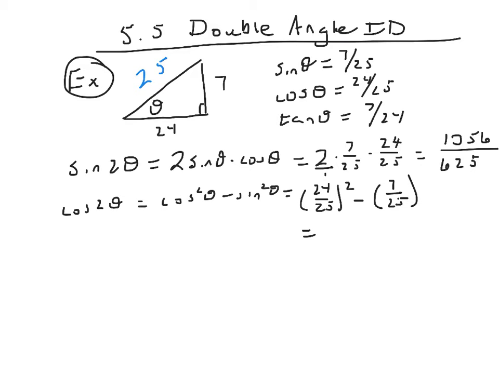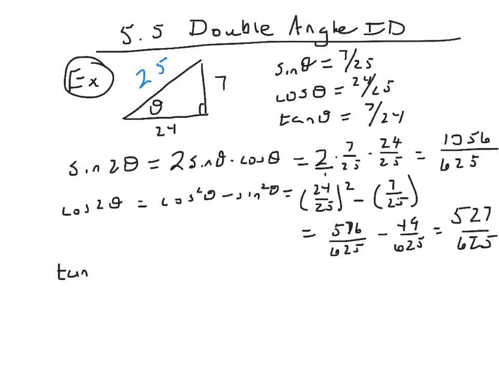That's going to give me, let's see, 24 times 24, that's 576. Sorry, my pen is not working well here. Over 625, minus 49 over 625, and then 576 minus 49 gives me 527 over 625. So that's my answer for the cosine of 2 theta.